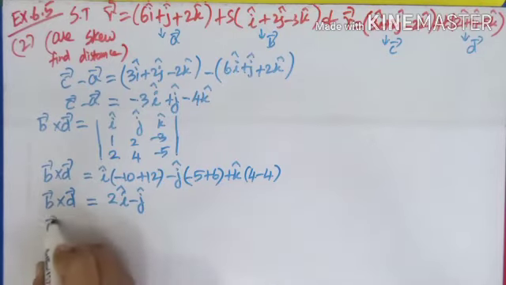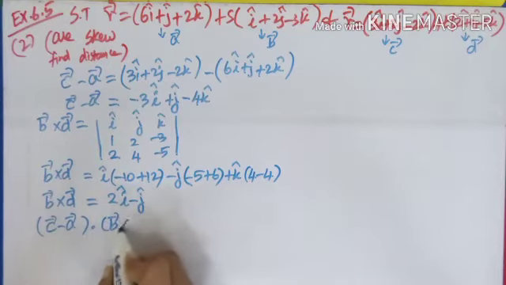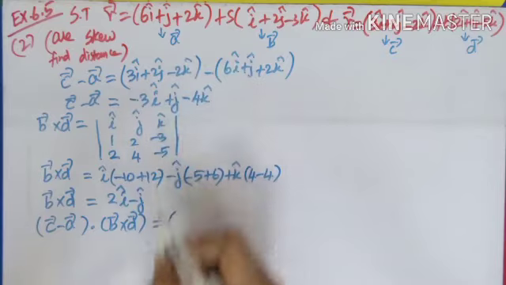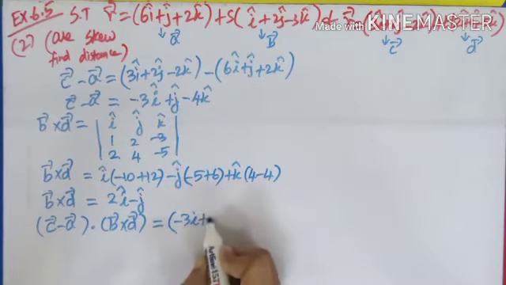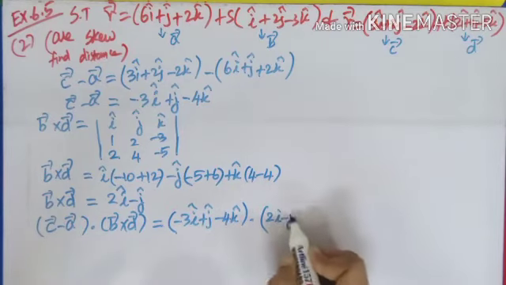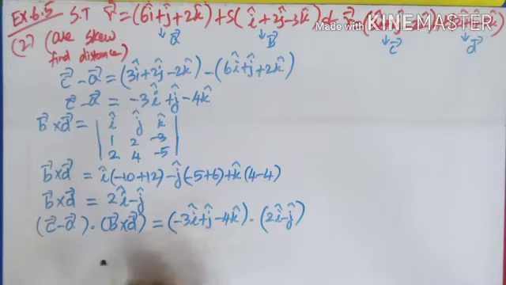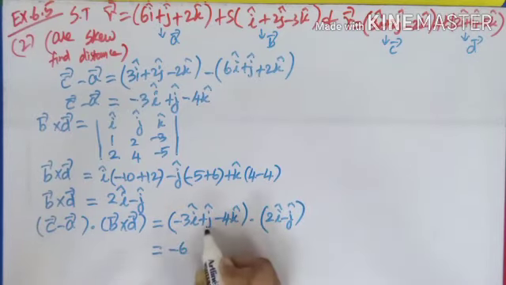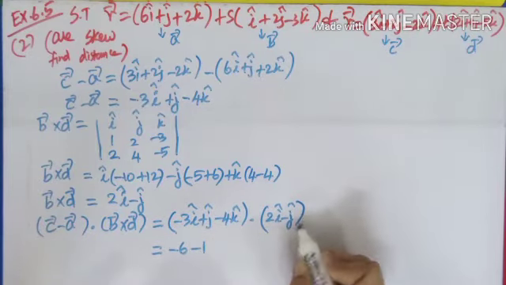Now I want to find out C minus A dot B cross D. C minus A is minus 3i plus j minus 4k. Dot B cross D is 2i minus j. What do you mean by dot product? i and i, minus 6; j and j, minus 1; k and k missing means it is 0.